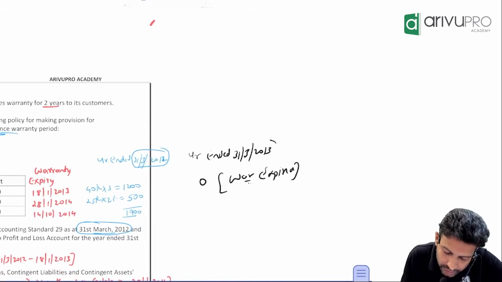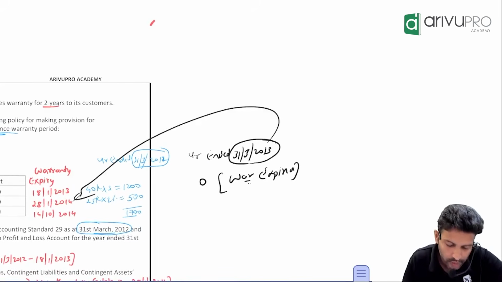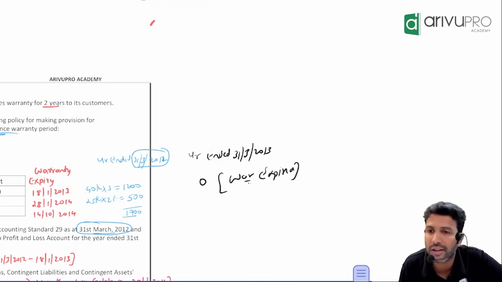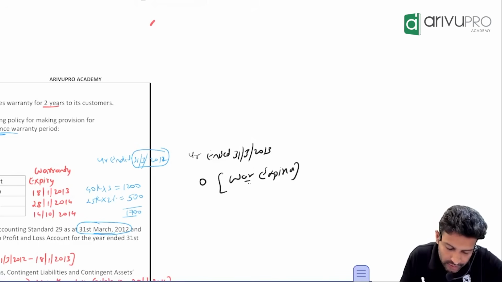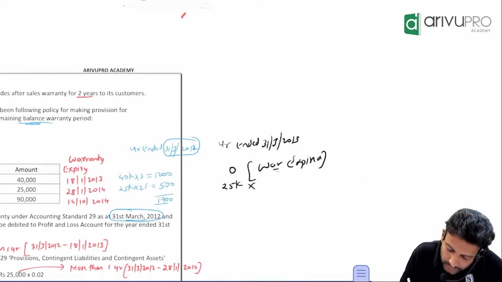My year is ending on 31st March 2013. From here you count here: less than 1 year or more than 1 year? The period is less than 1 year. For sales with less than 1 year, what is the company's policy? They make a provision at 3%. 25 3s are 75, so 750.